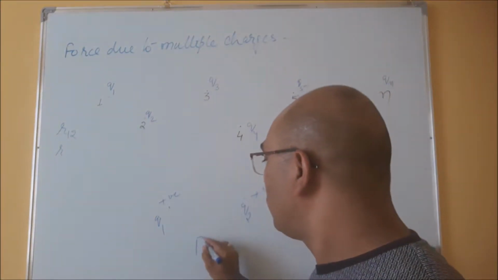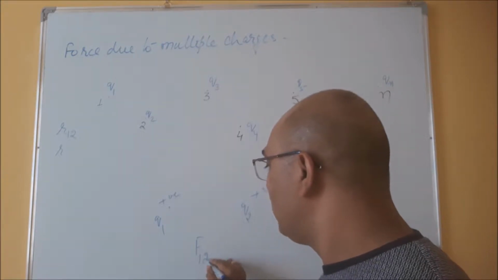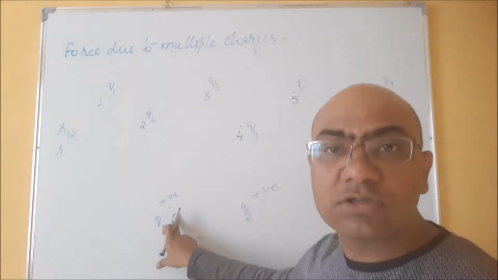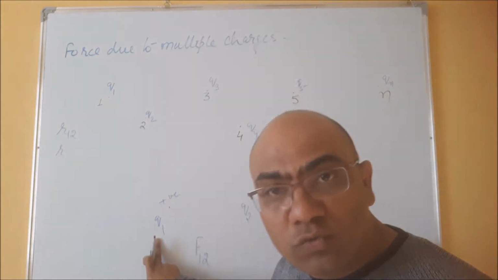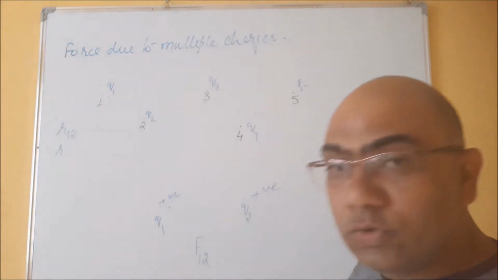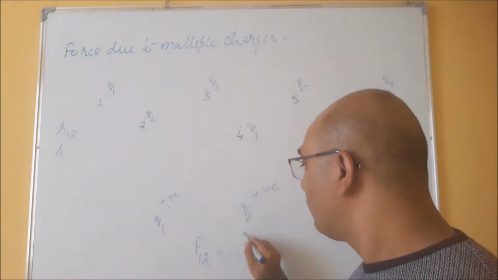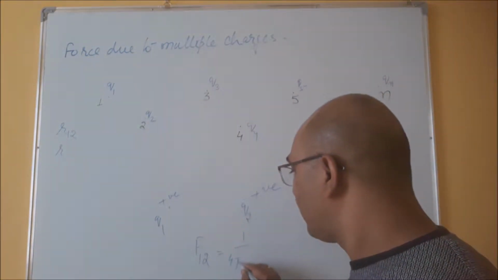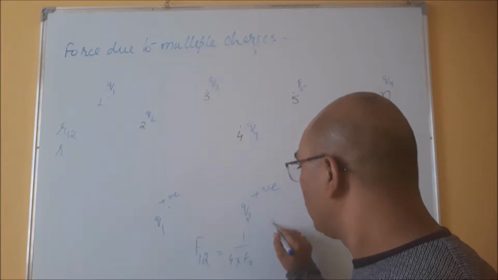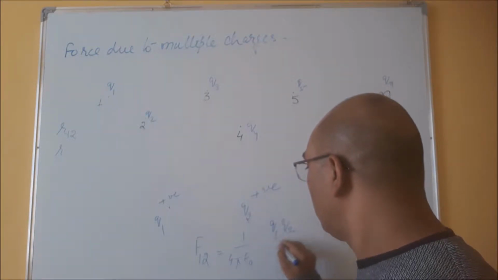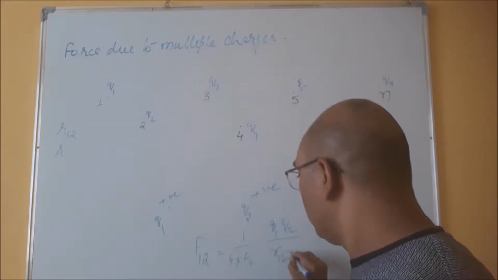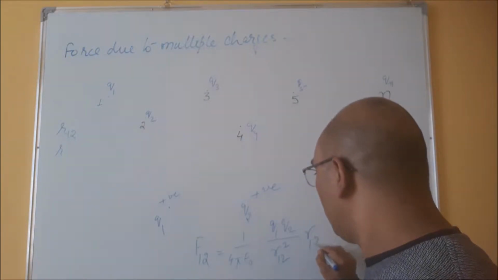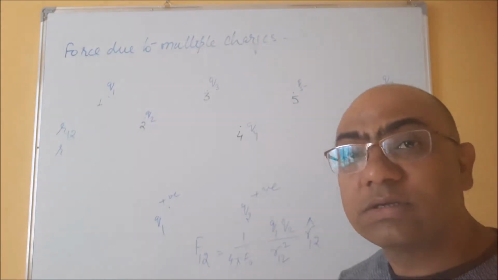I want to see the value of the force on charged particle q1 due to q2. How will you find this? It is 1 upon 4 pi epsilon naught, q1 q2 upon r12 square, r12 cap.